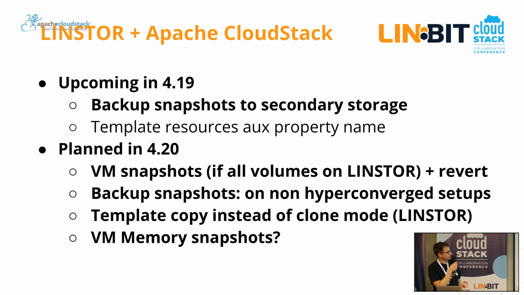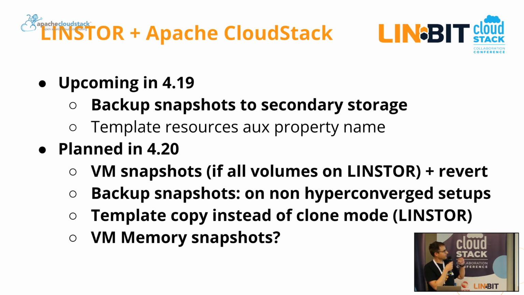Now we have an option for that, so we can turn it on, and then snapshots will be converted to QCOW2 files, because LINSTOR primary is only raw storage, so it's a raw image. And it will be converted to QCOW2 and stored on the secondary storage.